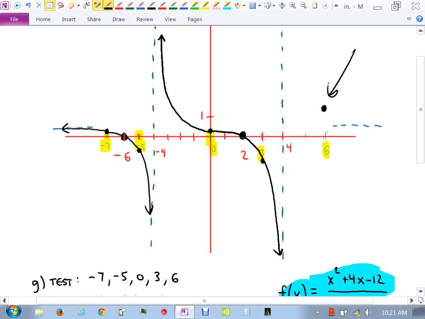Going out the left side, what has to happen? Has to go up, and going out the right side, it has to go towards the blue, right? So since I know that it's going to do that, I can draw it nice and curved so it doesn't look awkward. That's it.